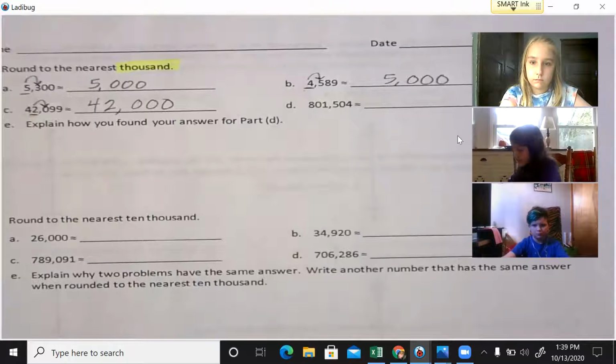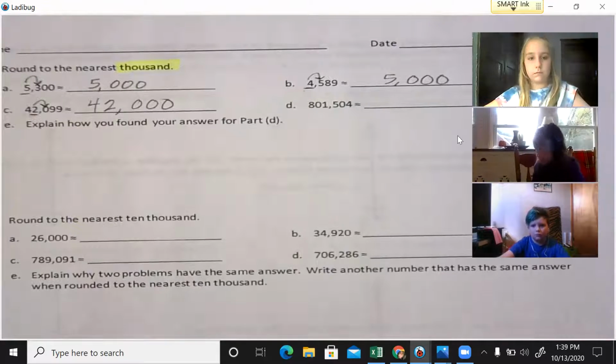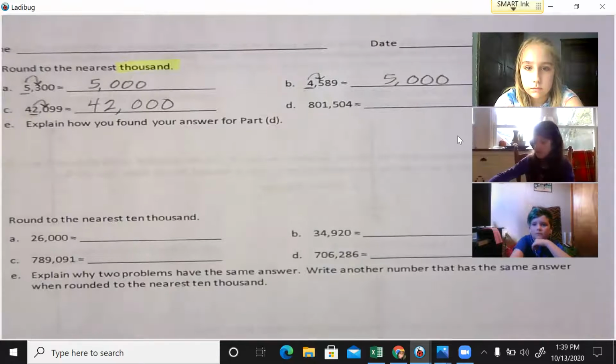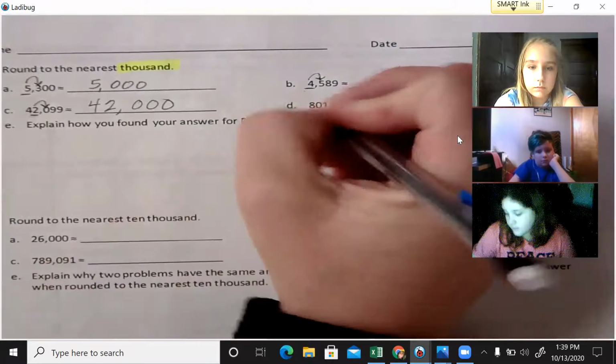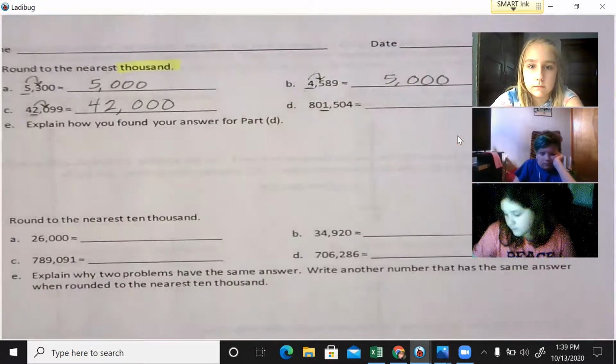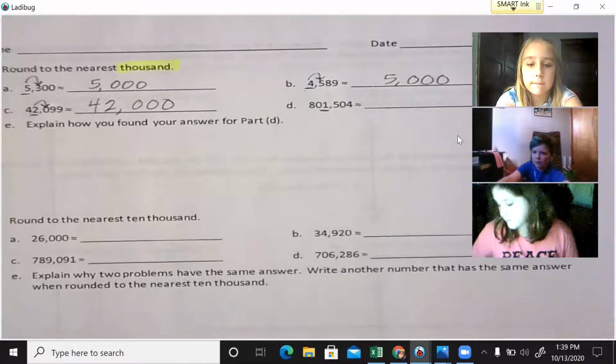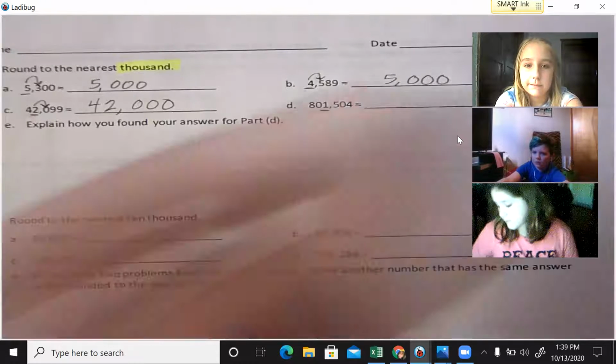Okay, find your place. What should I do? What should I underline, Sarah? The 1. Yep, that's the thousands place. I look next door. What do I do now? Draw an arrow to the 5.